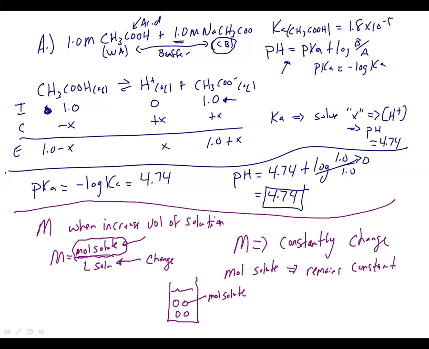So if I decided to add more volume to this, what's going to happen essentially is your beaker's going to get bigger. You're going to add more volume, but still floating around in there from our original solution are our same 4 circles, if you will, of solute that's able to react.